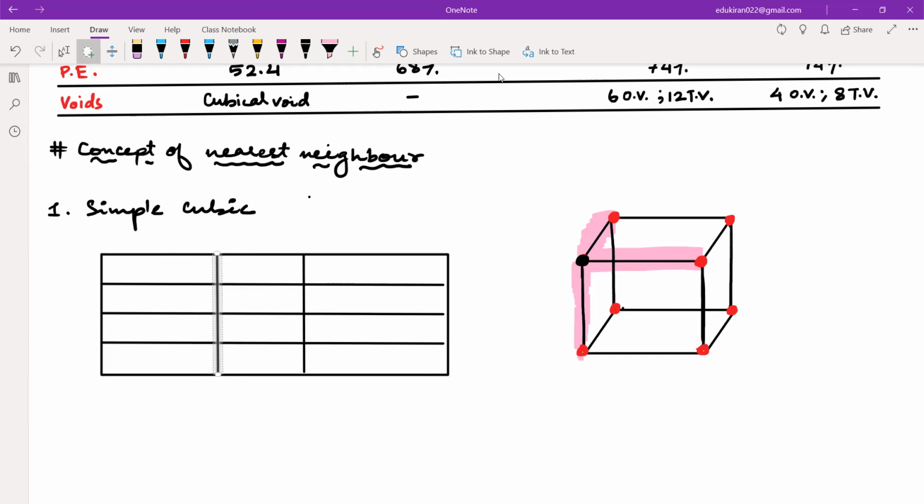So here I will be writing the simple cubic. Then I will be writing the distance. Okay, and number. How many are there?